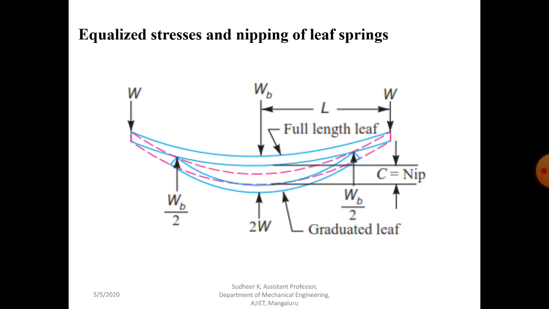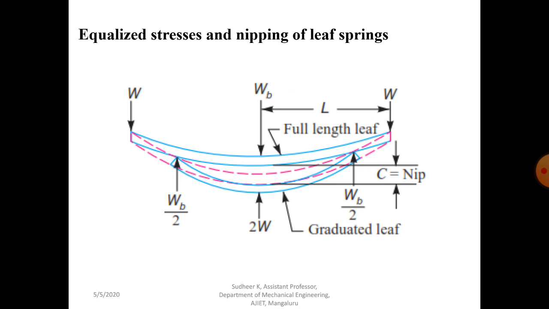First one, by making the full length leaves of smaller thickness than the graduated leaves. The thickness of the full length leaves you have to make smaller. Then the full length leaves will induce smaller bending stress due to the small distance. If the distance changes, the bending stress also changes.